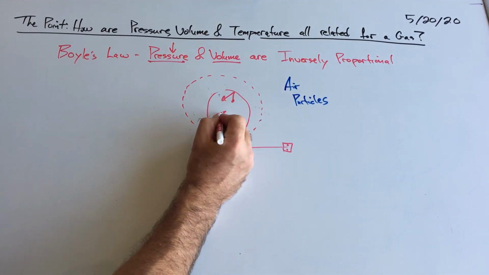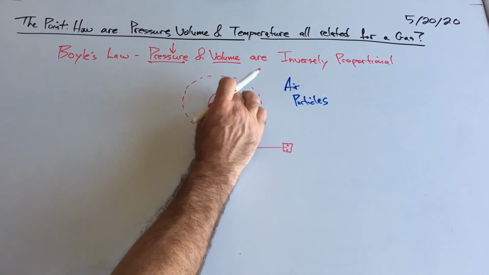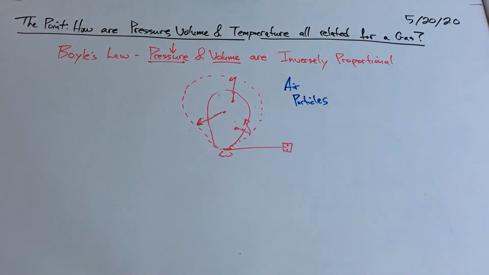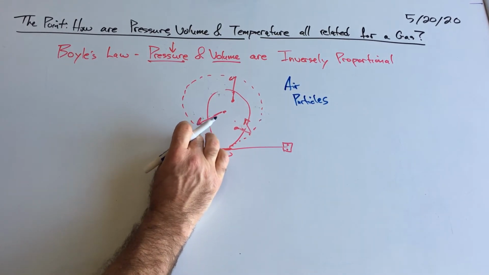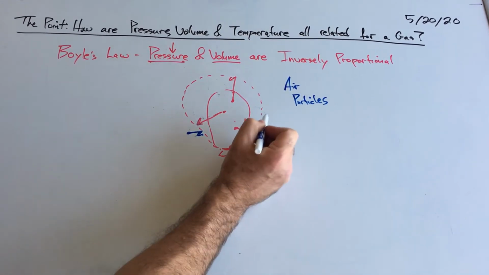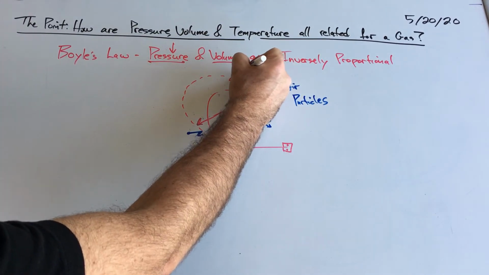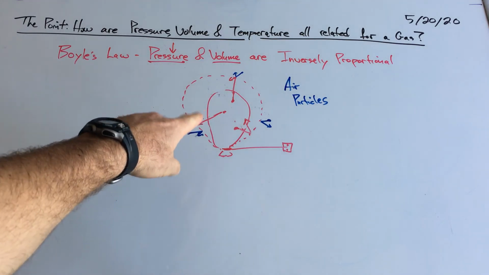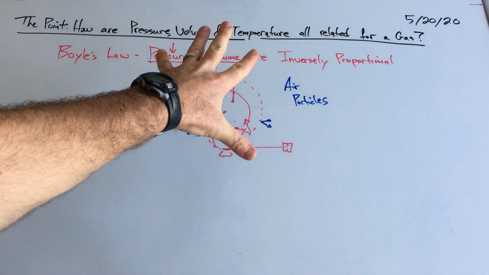Because now, again, these guys aren't losing any energy. We're not changing how fast these guys are moving. Their arrows are basically the same length, but these particles on the outside are losing their power. And so now the internal particles are going to gain ground.